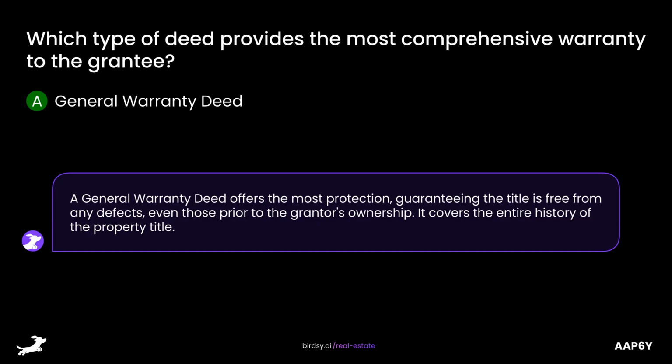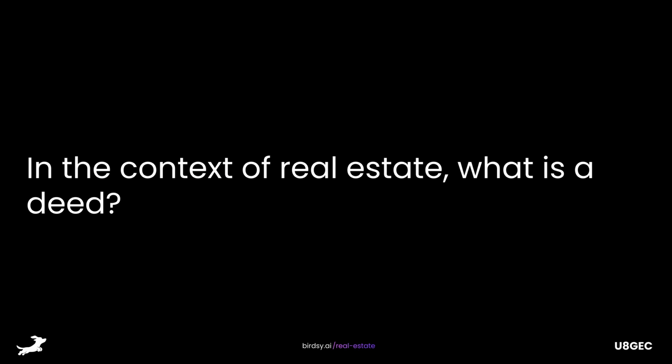A general warranty deed offers the most protection, guaranteeing the title is free from any defects, even those prior to the grantor's ownership. It covers the entire history of the property title. In the context of real estate, what is a deed?